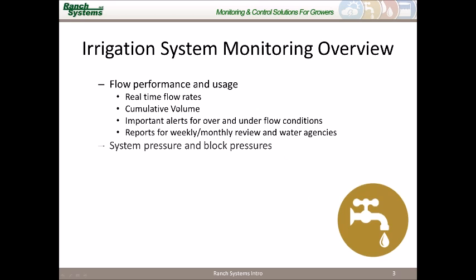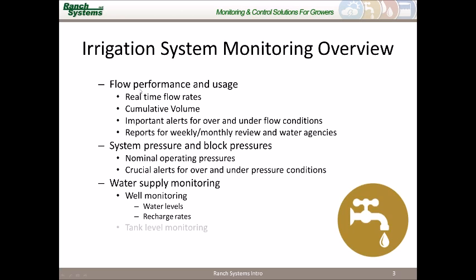So the irrigation system monitoring entails quite a full breadth of information. Most importantly, when monitoring the irrigation system, flow performance and usage is entailed with our system by enabling the user to record real-time flow rates so they can log into our system and see the actual instantaneous flow, and then applying formulas to get the cumulative volume and, for instance, the gallons per day, the gallons per hour, and so on and so forth.